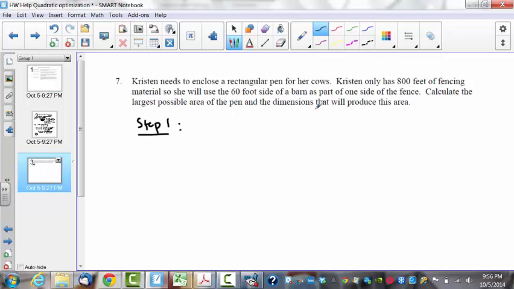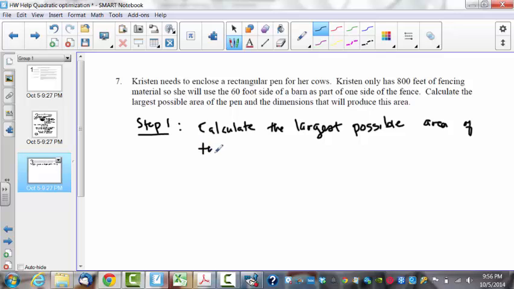And what do we need to determine? We want to calculate the largest possible area of the rectangular pen.